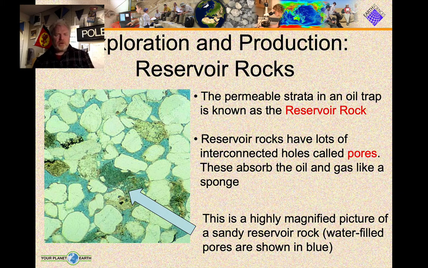So the reservoir rocks in which the oil accumulates need to be permeable and porous. There need to be gaps between the grains in the rock for fluid to accumulate. And also to extract this material, we need to be able to have these pores being interconnected.